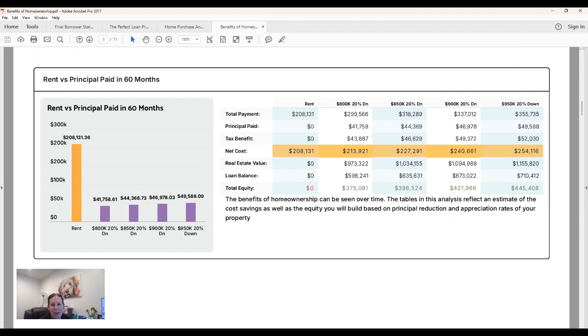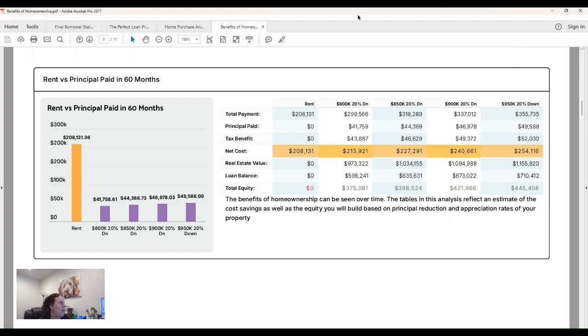So they bought it for 800,000, and 5 years later, assuming a 4% appreciation rate, it's now worth almost $1 million. Their total equity in the home is 375,000. If they were to purchase a home today at a $900,000 purchase price, they'll have paid almost 47,000 in principal. They'll have a real estate value of almost 1.1 million, and they'll have total equity of 421,966.